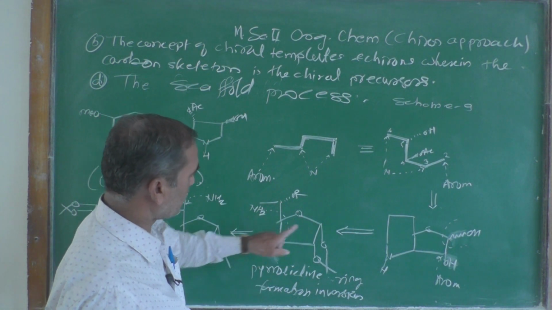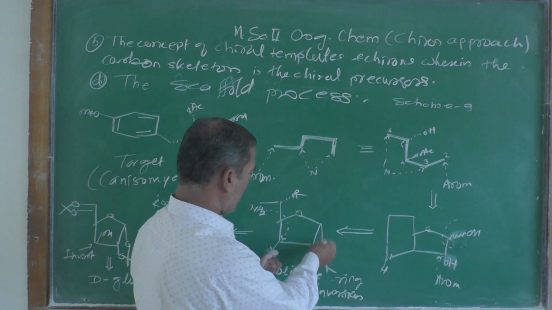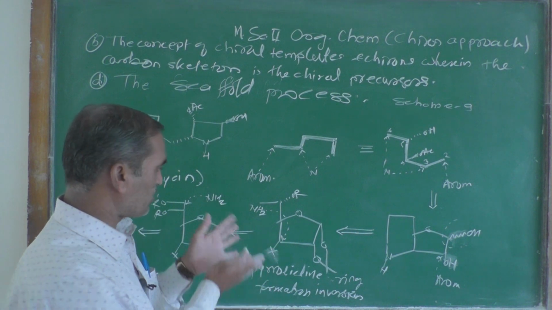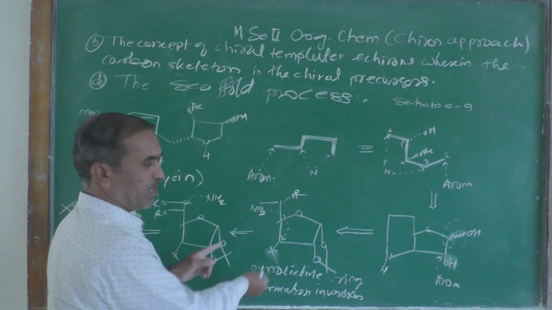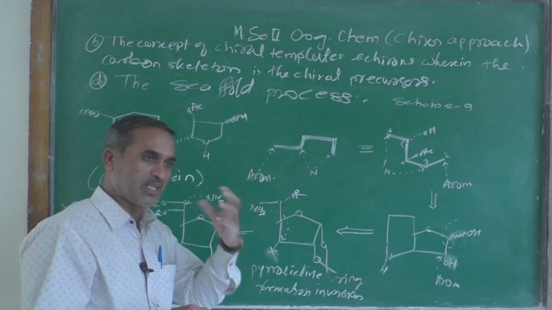Now look here, this can be obtained from this one. A 1,2-diol protection is carried out here, as shown. X may be a good leaving group, and this NH2 group is a reactive group.